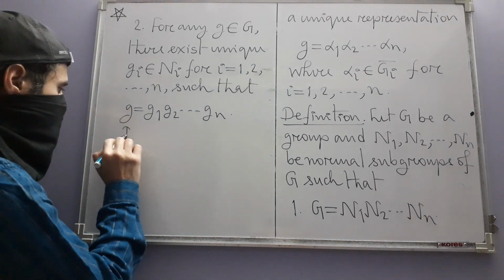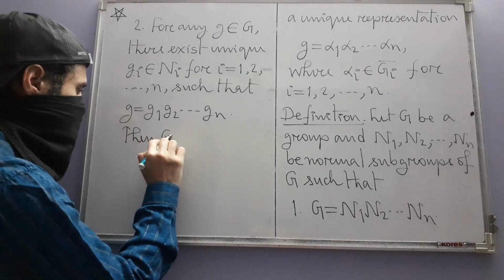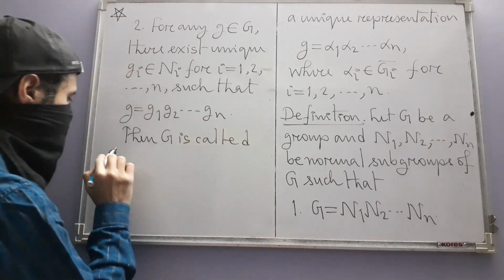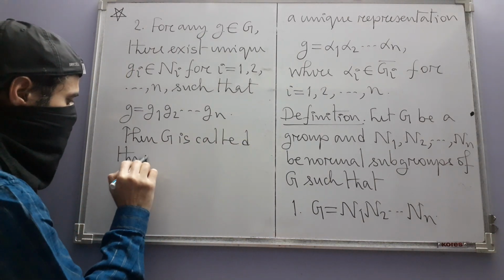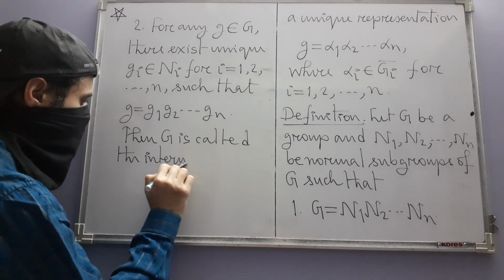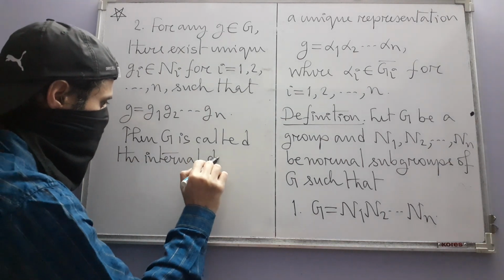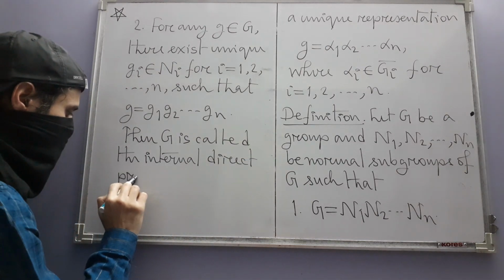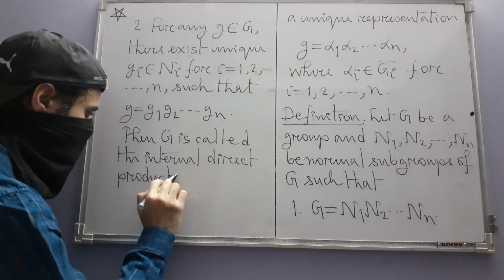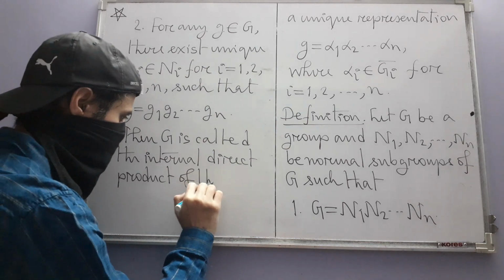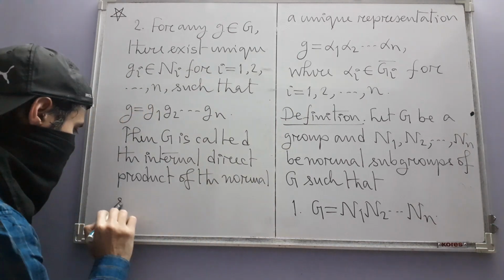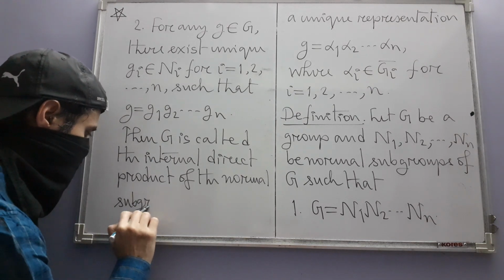Then G is called the internal direct product of the normal subgroups Ni.